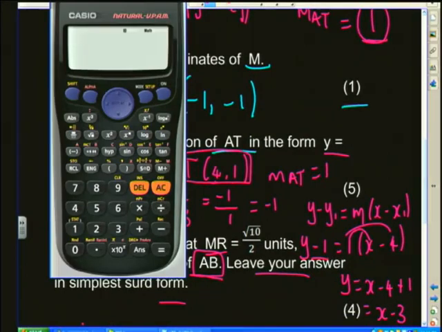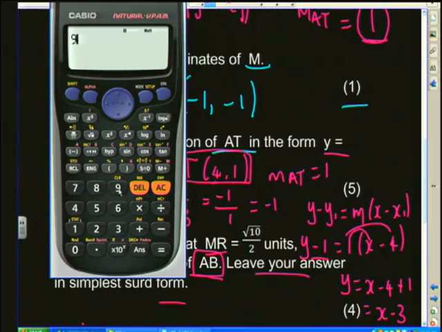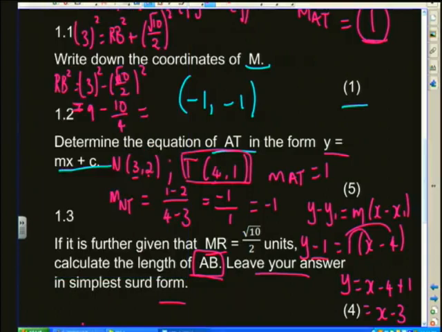So we've got 9 minus 10 over 4, and that is equal to 13 over 2. So this is 13 over 2, and that's RB squared. Therefore RB would be the square root of 13 over 2.